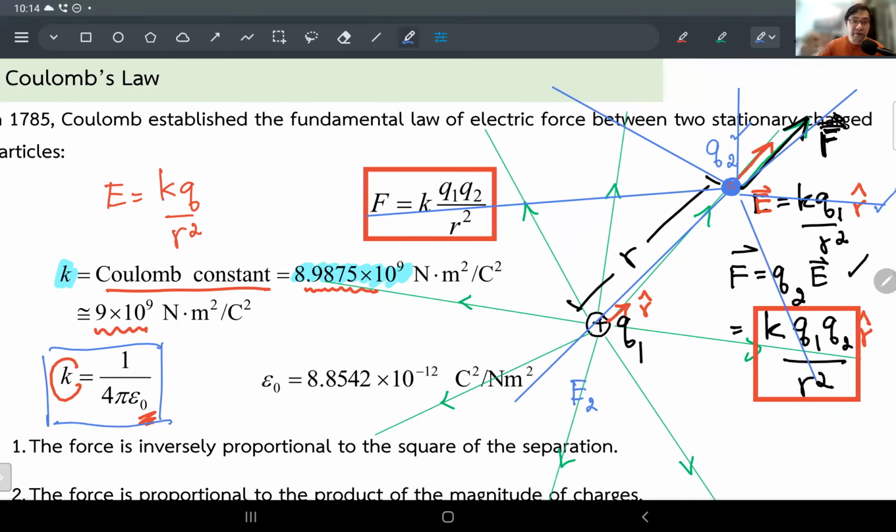So this is the field from Q2. But you say, it's going to be K, the charge from the source, which is Q2, divided by the separation, but it's going to be the same distance, right? It's going to be R squared. But whoa, it's exactly the same formula, except you just change Q1 to Q2. That is fine.